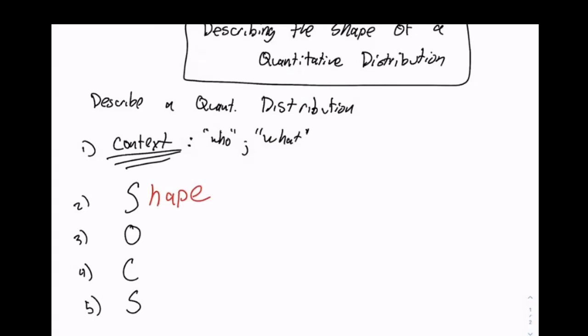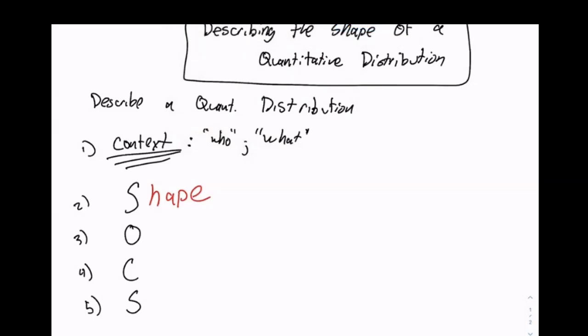What does the O stand for? For anybody who did a little bit extra reading in terms of the reading guide, or did some of the reading, what does the O refer to about a quantitative distribution? I know nowhere in your reading did it say SOCS, but it referred to something that you need to talk about.